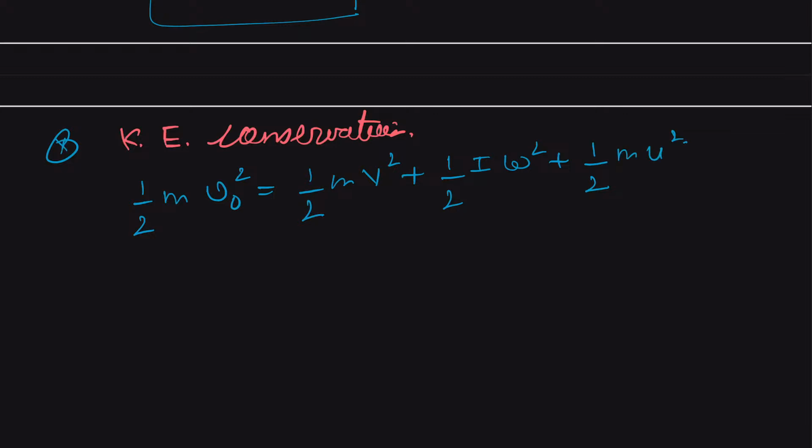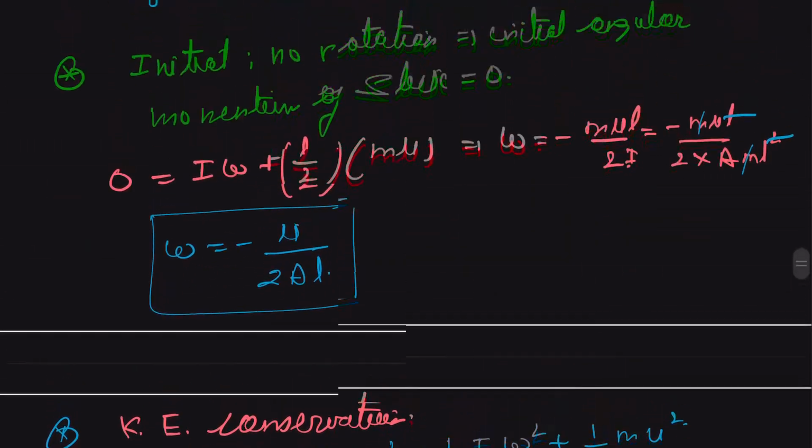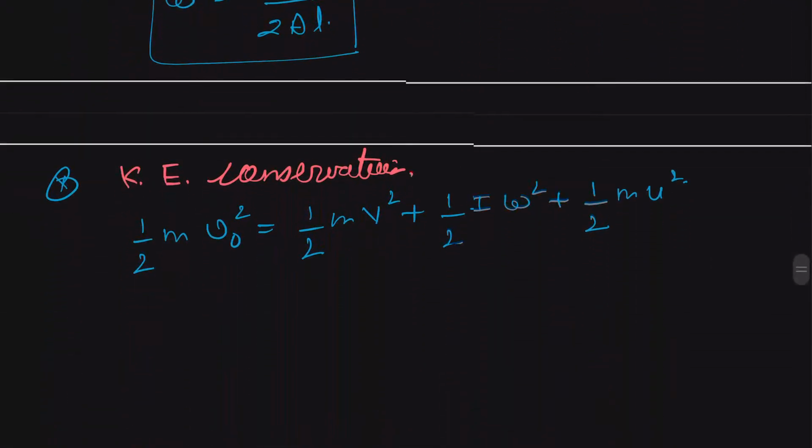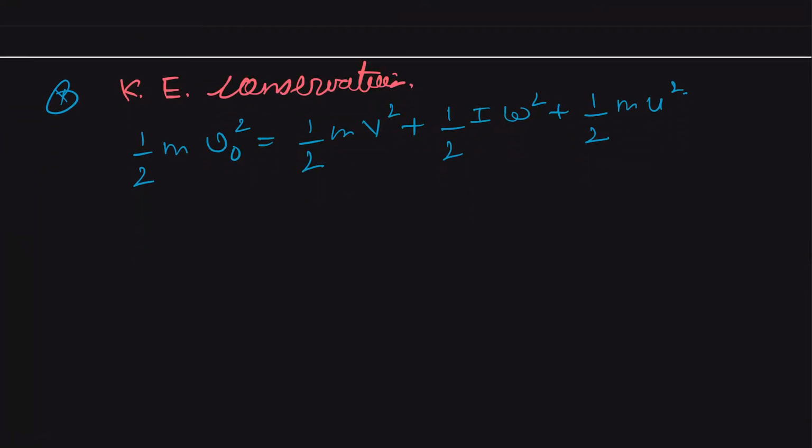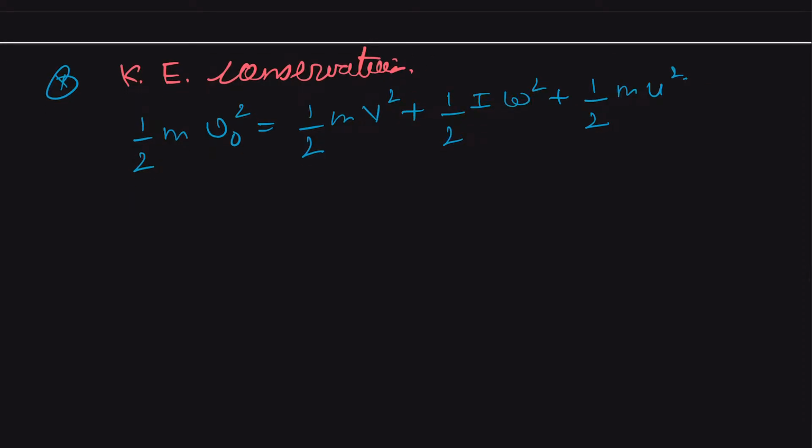And we already know the value of u. So we can just rewrite the equation because we can substitute here the value of omega.